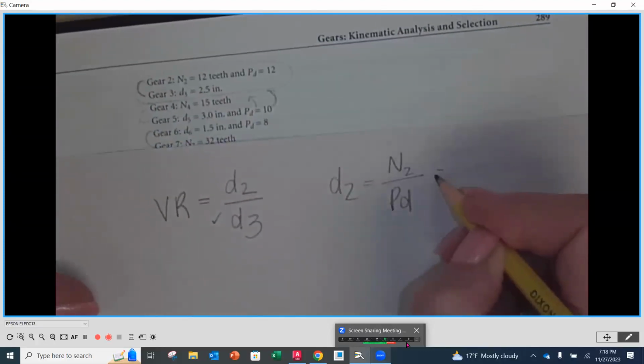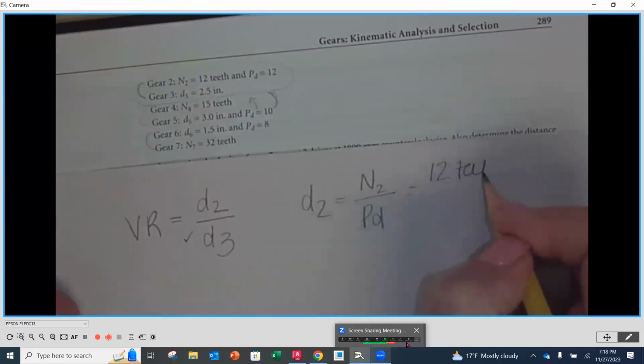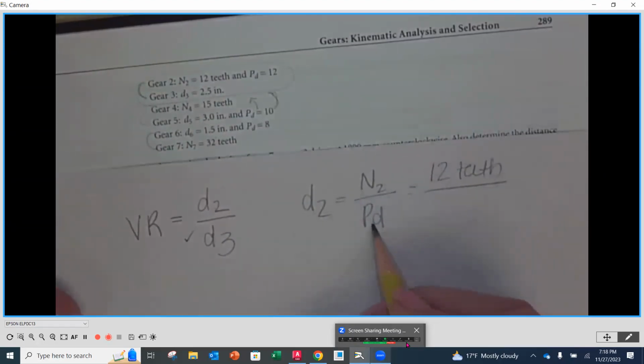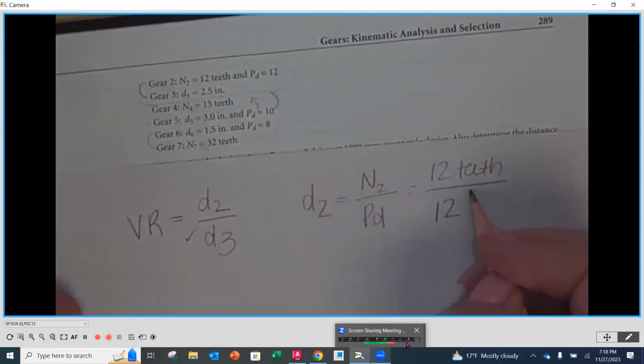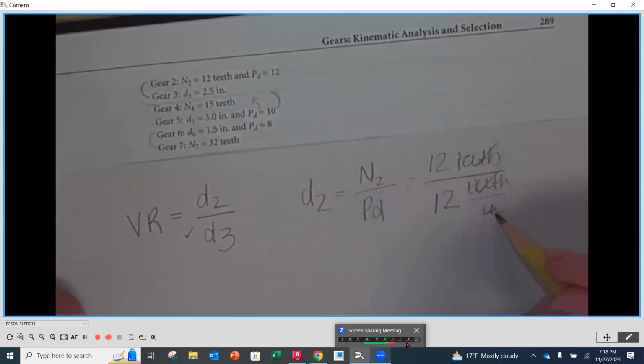So we know that there are 12 teeth on gear number 2, and its diametral pitch is 12. Diametral pitch is never given with its units, but we know that it is teeth per inch. So teeth cancel out here, and inches are in the denominator of the denominator, so they're a multiplication.